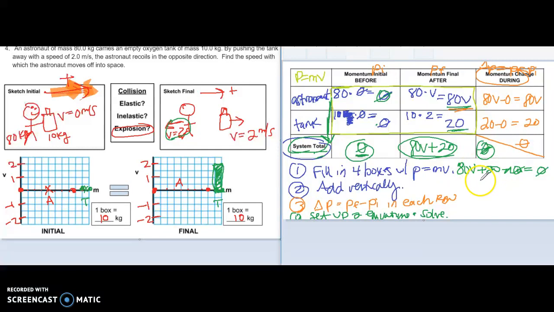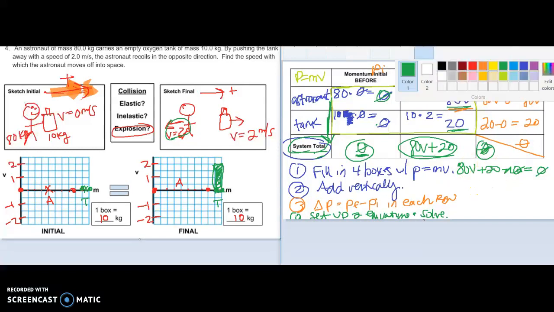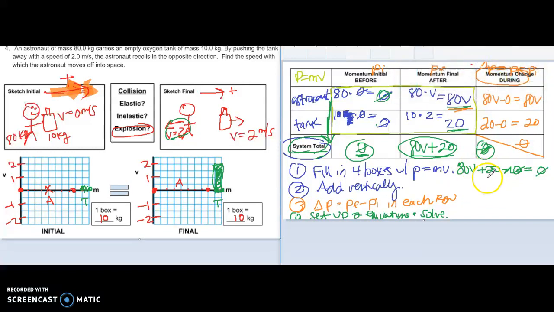So I have 80V plus 20. If I want to solve for V, I have to subtract 20 from both sides, so I get 80V equals negative 20. Then I can divide by 80 on both sides, so V is going to be negative 2/8, which is negative 0.25 meters per second. And that's going to be my velocity.